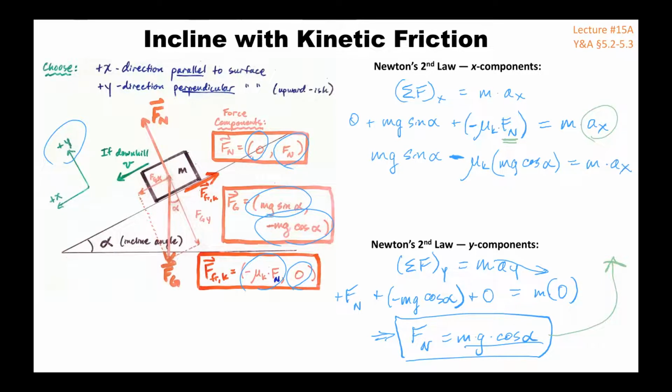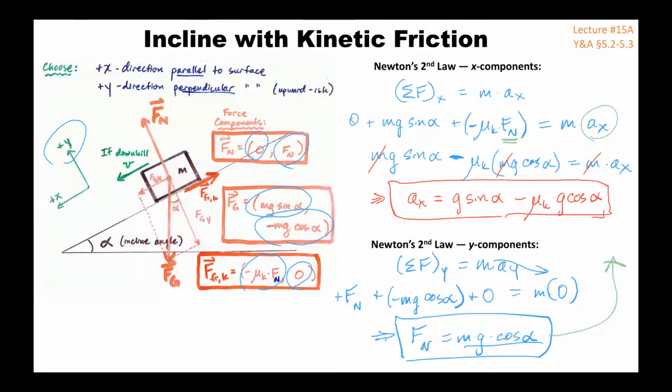So it looks like I can simplify a little bit, and then I'll solve for the acceleration. So I see that there is a mass term everywhere, so I'm going to go ahead and cancel that out. And now I can go ahead and solve for the acceleration. And the acceleration is going to be equal to g sine alpha minus mu g cosine alpha.